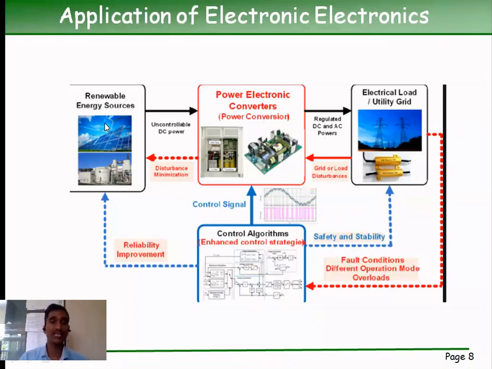Not only photovoltaic cell, it may be in the form of wind energy. And this generated power you distribute to your home with the help of the grid. So at that time the conversion of this generated power towards the grid is a big challenge, and this challenge may be simplified with the help of some power electronics converter.